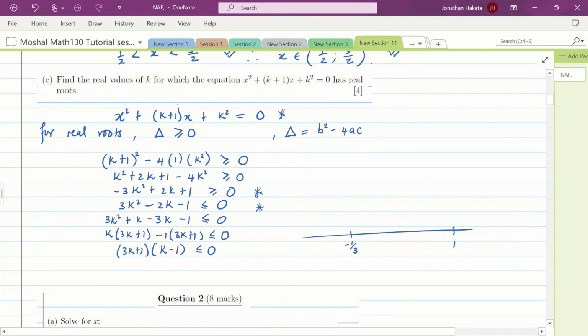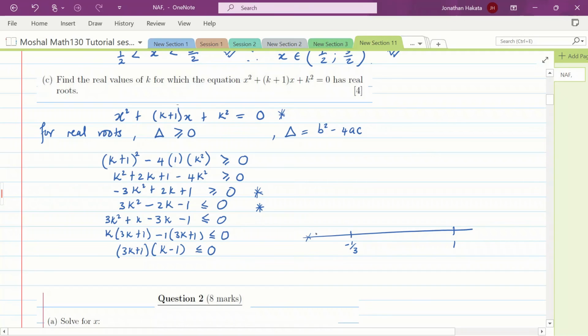If you pick any number that is below negative 1/3, say minus 2, put minus 2 in this expression. You have minus 6 plus 1, that's minus 5. Minus 2 minus 1 is minus 3. Negative and negative will give you positive. So it's positive here. So it's completely opposite.